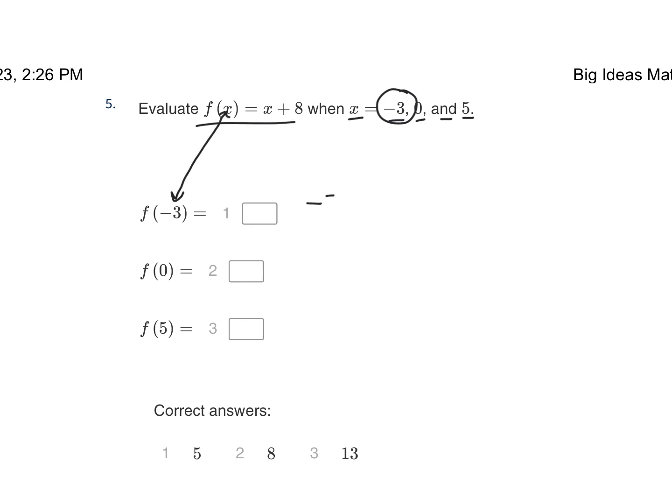So it'd be -3 plus 8. So y would be 5. And if we substitute x with 0, if x is 0, then y is 8. And then if x is 5, 5 plus 8, y would be 13.